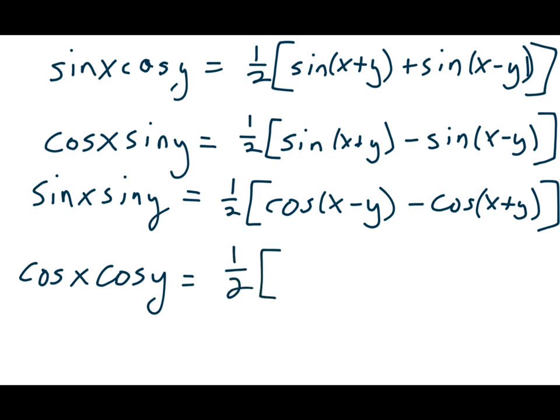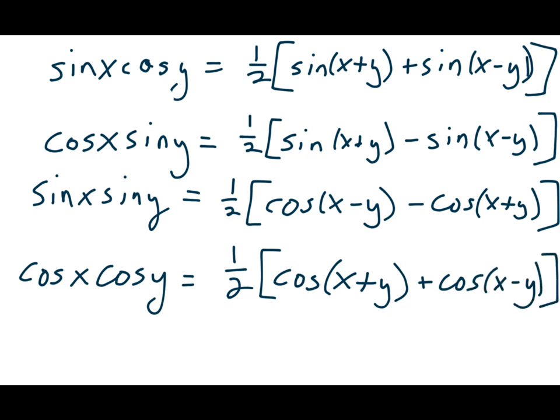It is 1/2 of cosine of x plus y plus cosine of x minus y. And you can derive all those the same way I just did. Instead of adding the sums and the difference, you would subtract to get some of the other ones. So on this one, you would subtract it. This one you subtract the cosine ones. This one you would add the cosine ones.